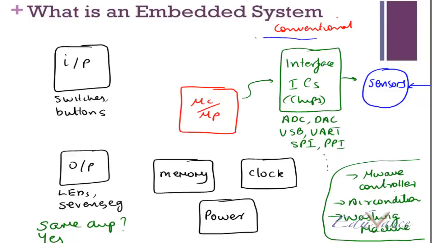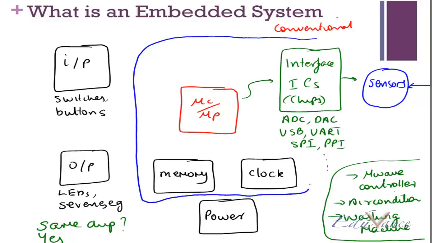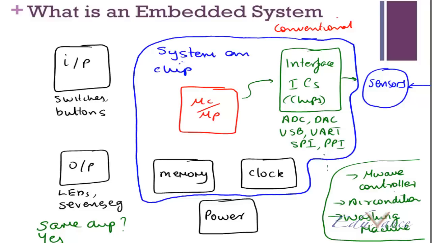If I take my interfacing ICs and my microcontroller and the memory and my clock, and I put it onto the same chip, that is called a system on chip or an SoC.